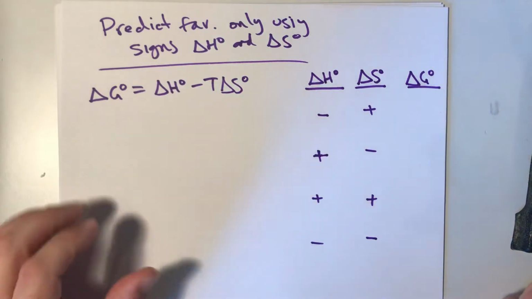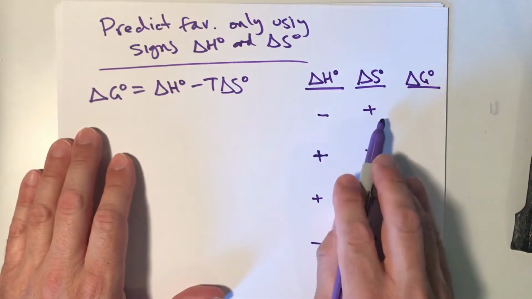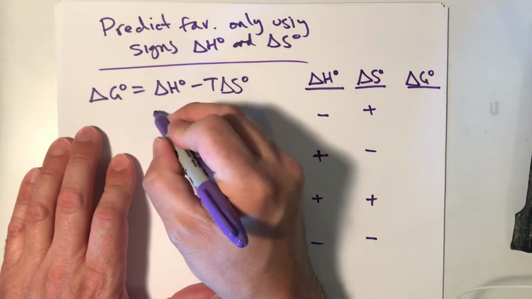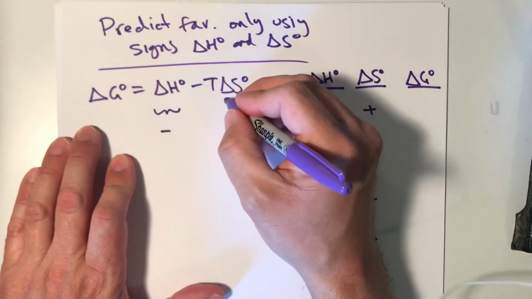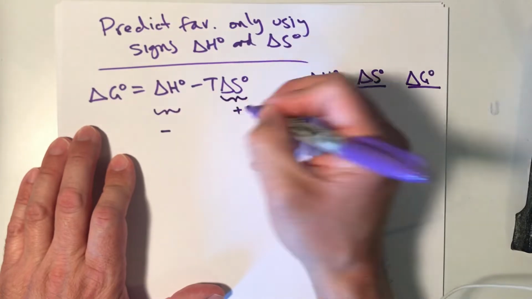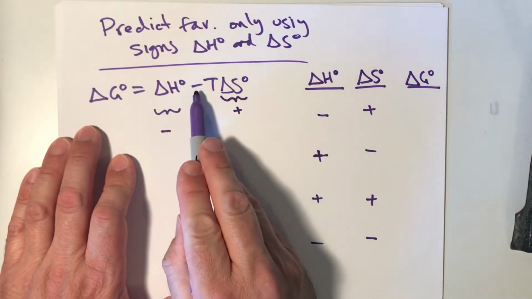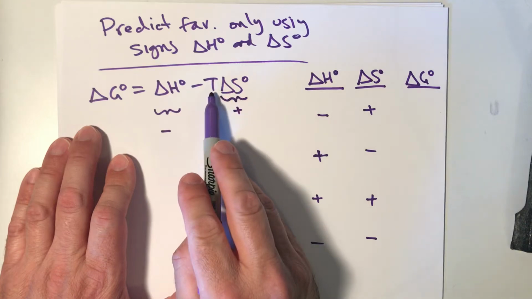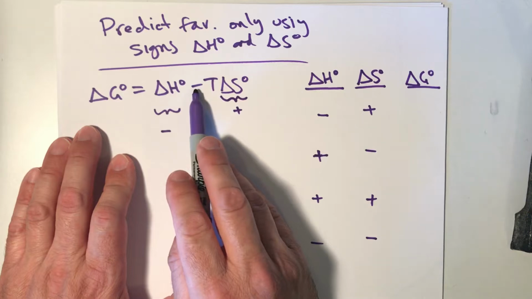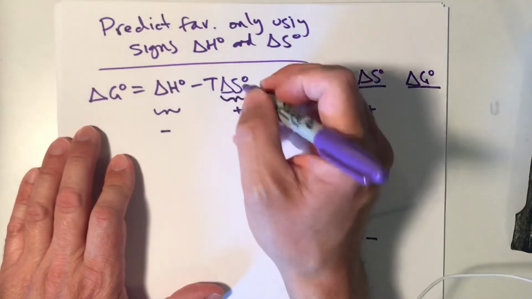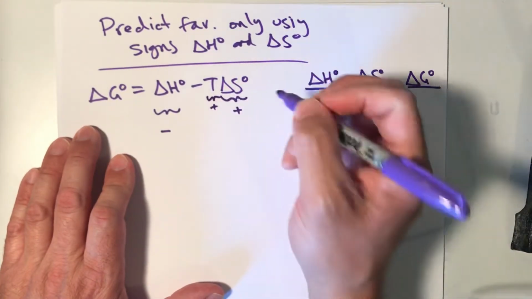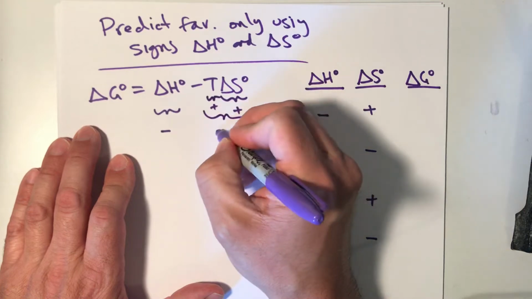So for negative positive, that means that the delta H term would be negative. Now the positive delta S term has a negative number out in front. We don't have to worry about the temperature, because the temperature is always going to be in Kelvin, so it's always going to be positive. That minus sign applies to the whole term, so the entire term here is going to be negative.